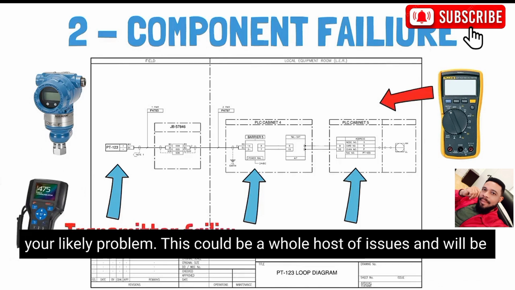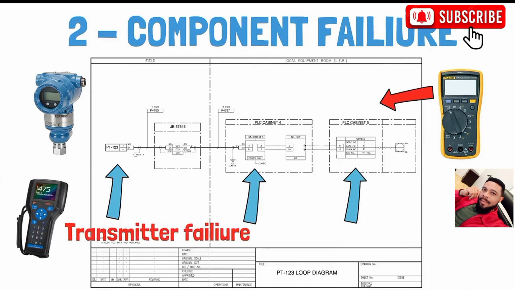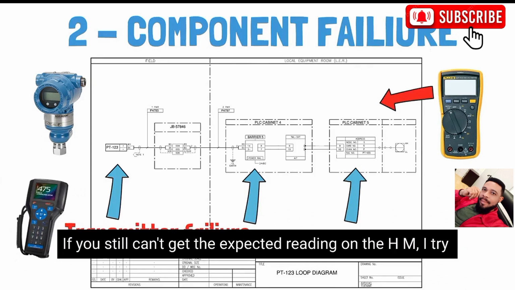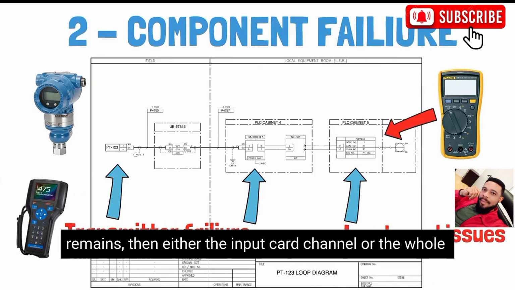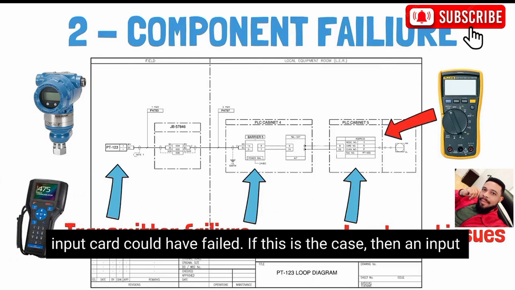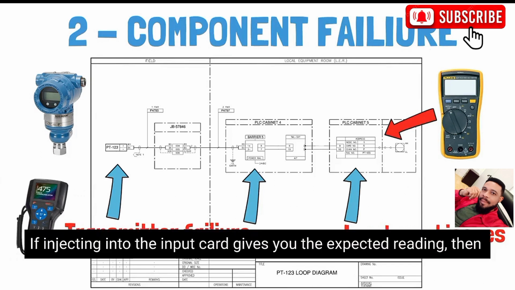Your likely problem might be caused by a whole lot of issues depending on the specific instrument you are working on. If you still can't get the expected reading on the HMI, try injecting directly into the input card. If the problem still remains, then either the input card channel or the whole input card could have failed. If this is the case, then an input card replacement may be needed.